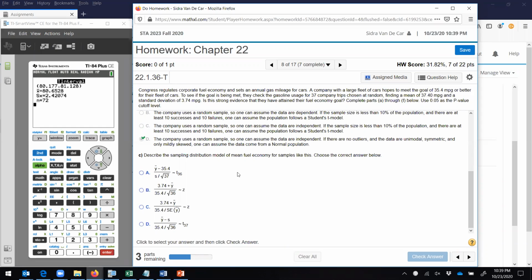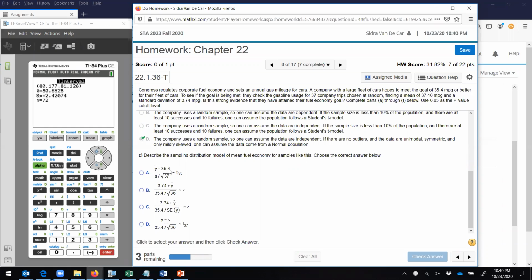Okay, our mean was 37.4. So it should be, here we go: our mean minus 35.4, divided by our standard deviation divided by the square root of the sample size.